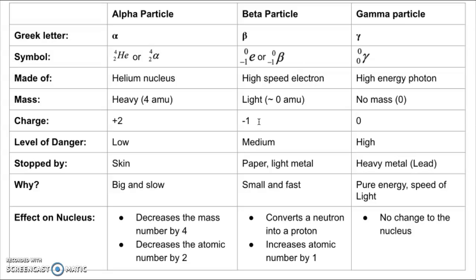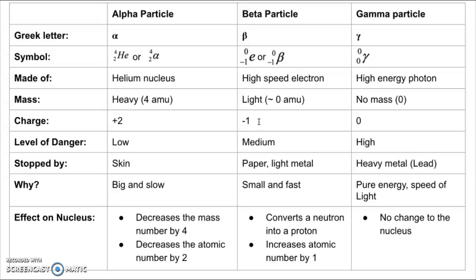It's a medium level. And if I were to throw a beta particle at you, it would be able to be stopped by paper or a light metal such as aluminum, okay? The reason why it's going to be able to penetrate a little bit faster, or thicker, I should say, is that it is smaller and it moves faster, okay?